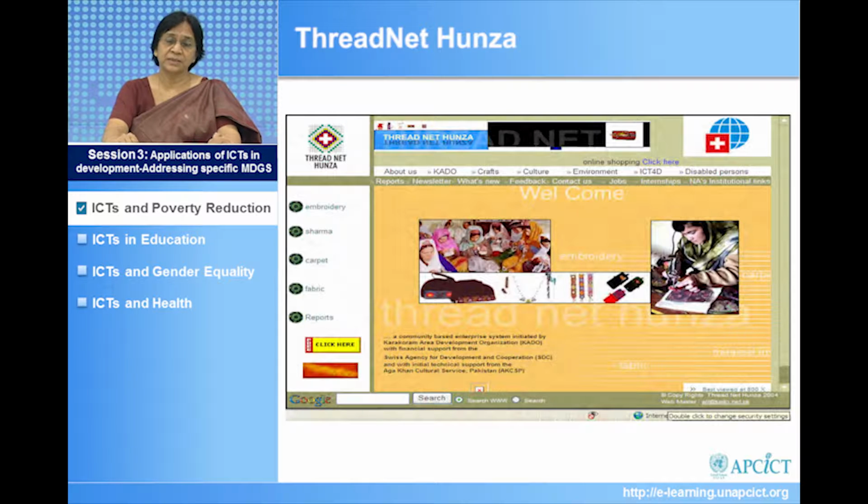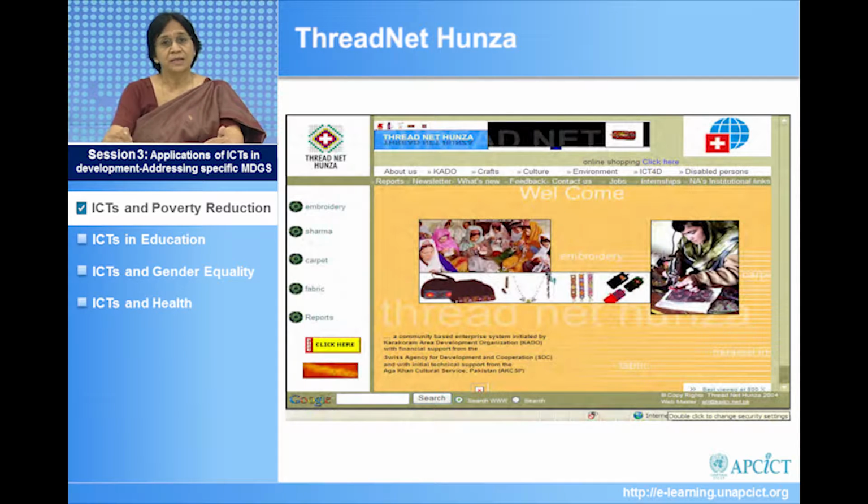Through an IDRC sponsored initiative and the local community, a website has been created which links the carpet weavers of Hunza directly to markets outside, where they can, through the website, access markets and even effect sales. So therefore, by linking the poor to a market outside, the income generating capacity of the poor has increased.